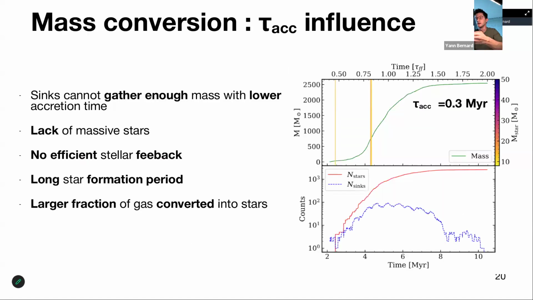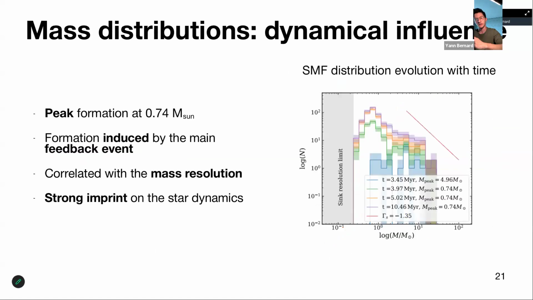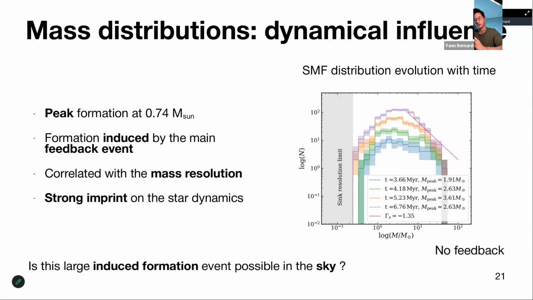But also, you will gather more mass and convert more gas into stars, which is also a very good way of constraining if our star formation is accurate or not. And I will skip the rest completely because it's a little too much.